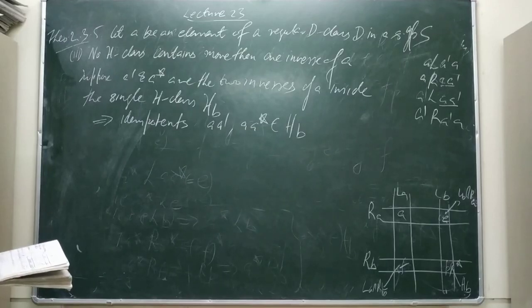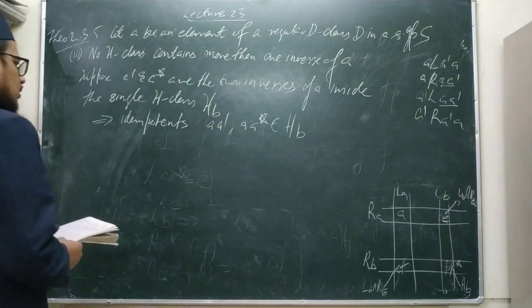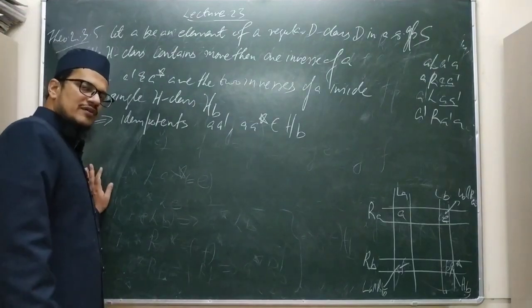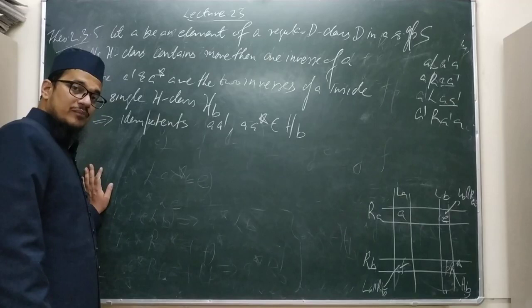So the idempotents belong to H_B, correct? Now, as a corollary of Green's theorem, we have seen that no H class can contain more than one idempotent.